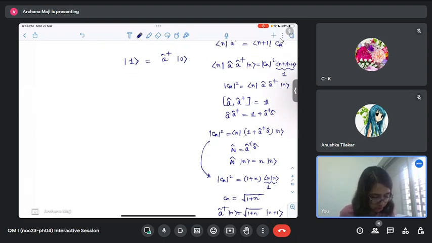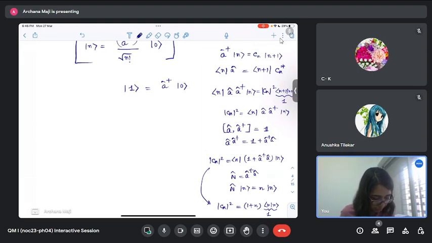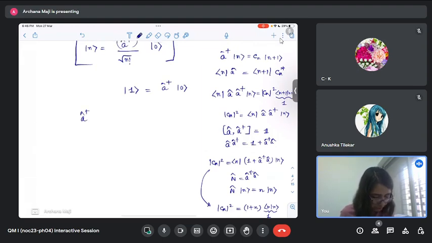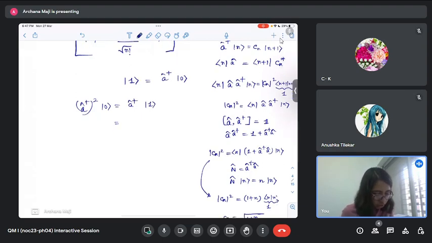Likewise, if you act twice with a dagger, if I act again with a dagger on this equation, we get a dagger square on 0, that is a dagger on ket 1, sorry, these are operators I mean, okay. So a dagger on 1 is what?